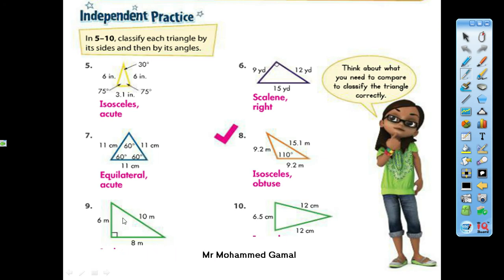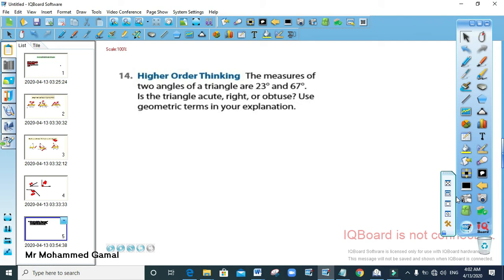Question number 9, we have 6, 10, 8, so it's scalene, and one right angle, so it's a right triangle. Here we have 2 equal sides, so it's isosceles, and all angles acute, so it's acute.